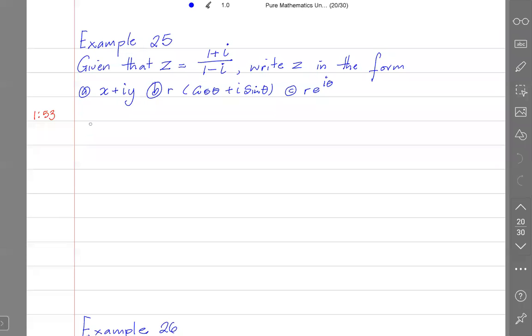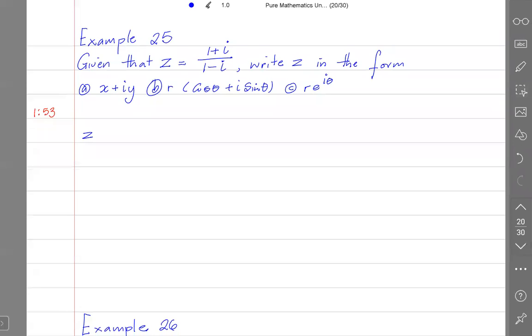So here we have z. All right, let's change the color ink. We have z is equal to 1 plus i over 1 minus i. I'm going to multiply the numerator and the denominator by the conjugate of the denominator, which is 1 plus i.